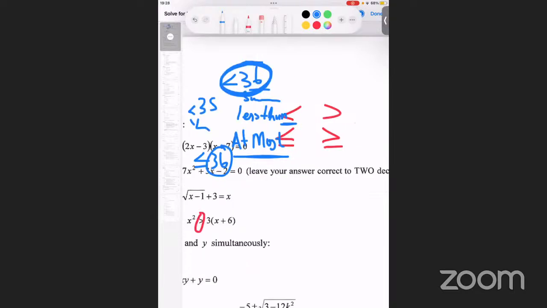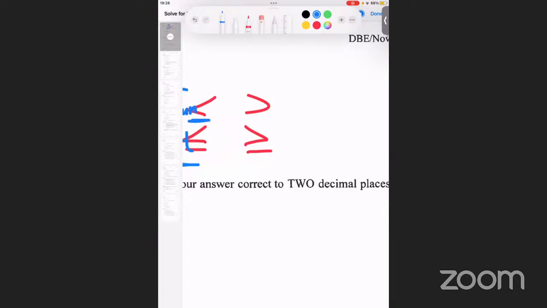Okay, so this one means more than. If you are more than 35, you are no longer considered youth, meaning starting from 36, you are no longer considered as youth.